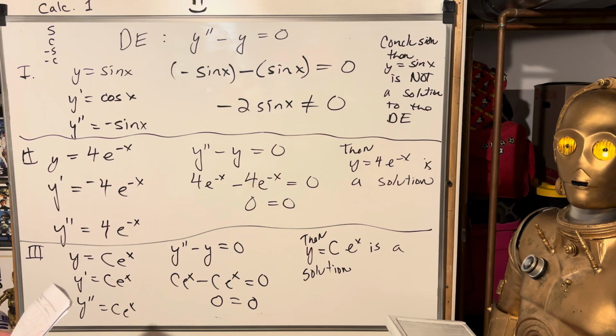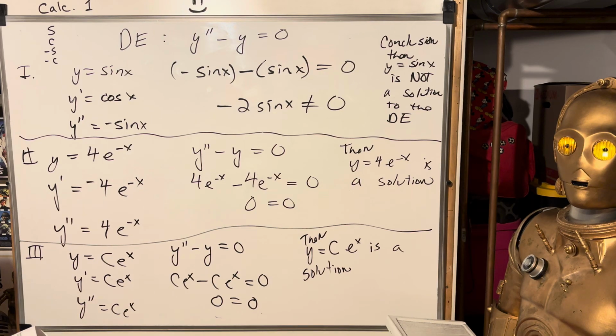Okay, let's look at page 3. Geometrically, the general solution of a first-order differential equation represents a family of curves known as solution curves. The general solution of x y prime plus y equals 0 is y equals c over x.